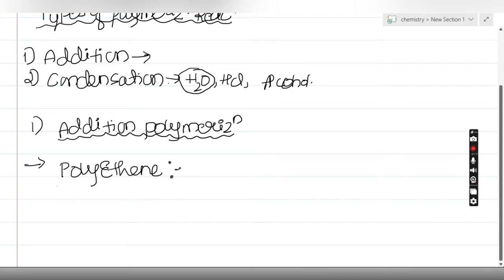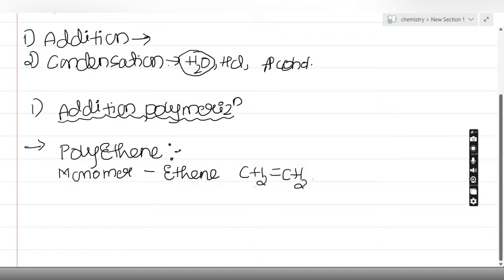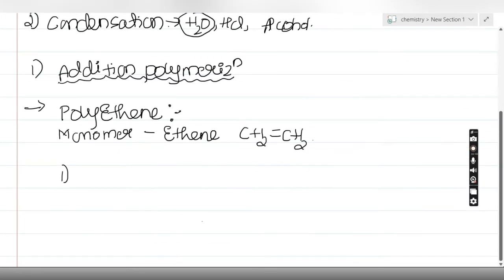For polyethene, note down the monomer which we are using: the monomer used is the ethene molecule. You know, ethene is an alkene, formula CH2=CH2. This monomer is used to get a polymer, and the reaction is called addition polymerization. Depending upon the temperature and catalyst, we have different types of polyethene.